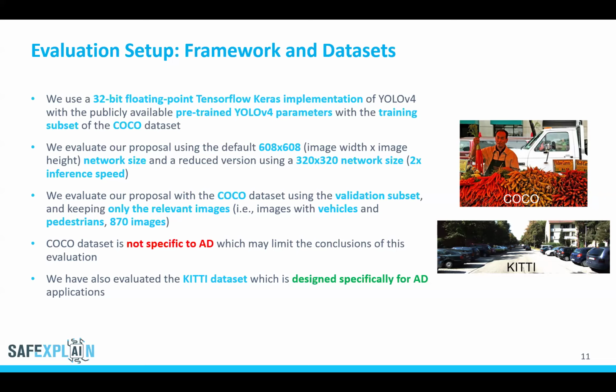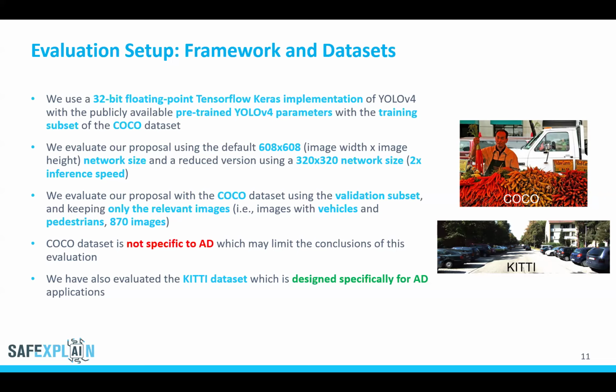Then we evaluate our proposal with the COCO dataset using the validation subset, not the training, because that was the one used to train the model. And we only keep those images that are relevant to our case study, which is basically vehicles and pedestrians, which gives us 870 images. Now, the issue with the COCO dataset is that it's not very specific to autonomous driving, which may limit a bit the conclusions of this evaluation.